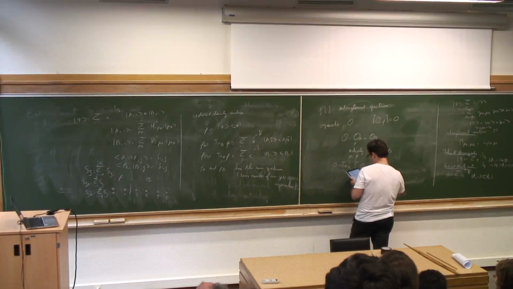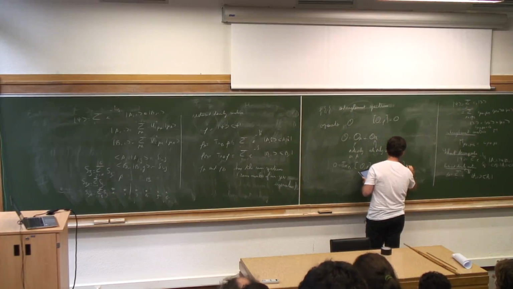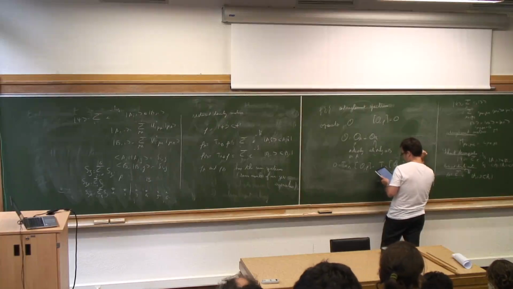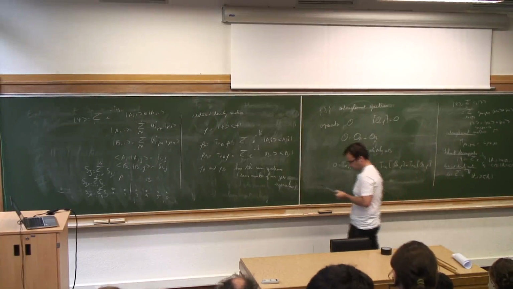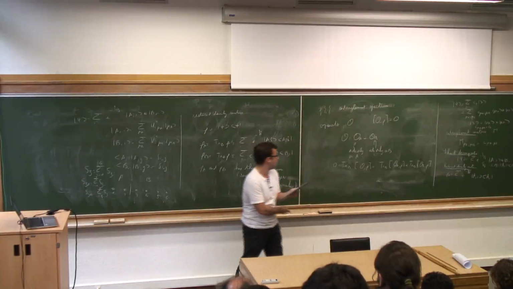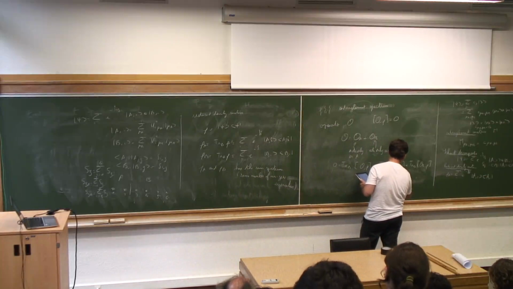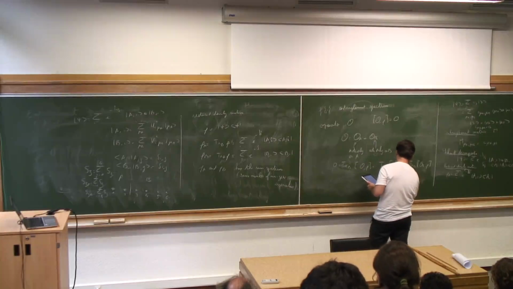Let's trace over B of rho A, OA rho, plus trace over B of the B rho. So this part here is just OA trace B of rho, which is by definition OA rho A.